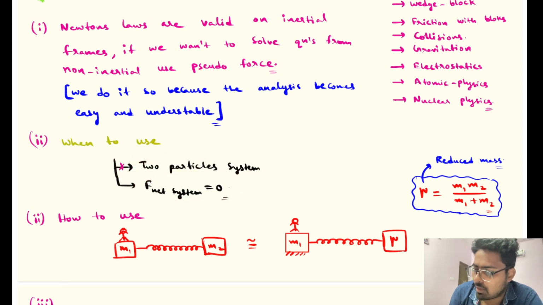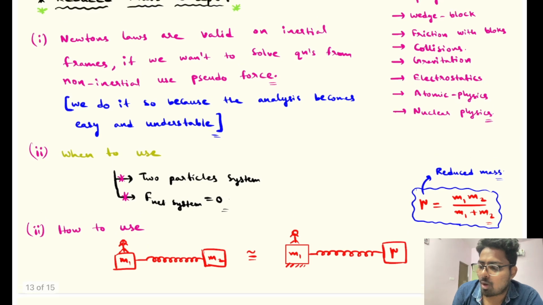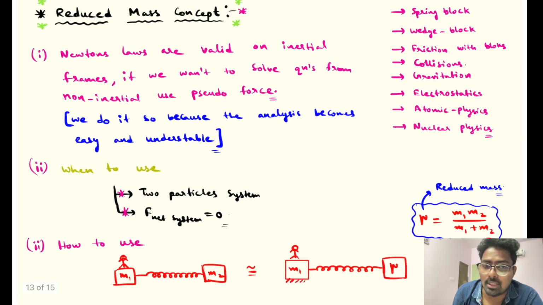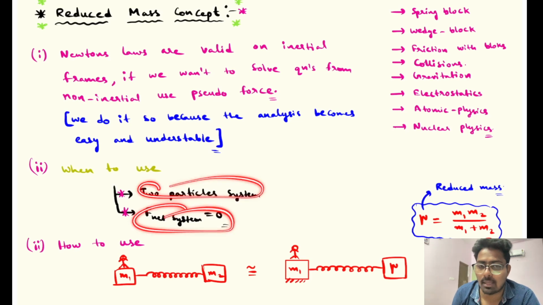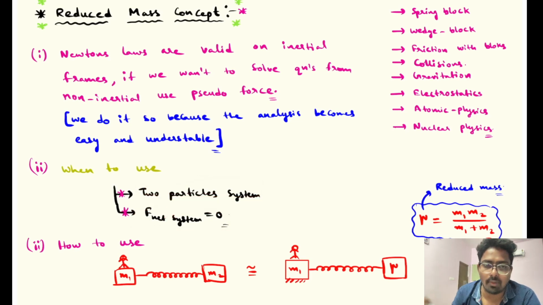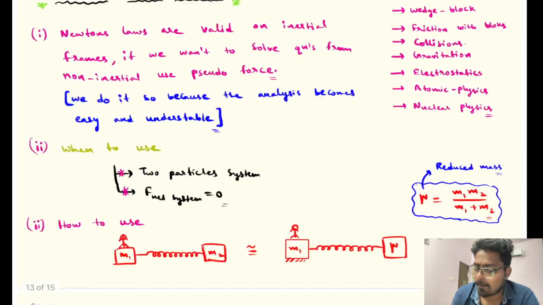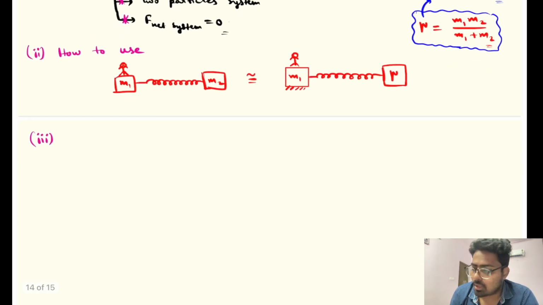These are very, very important. Just knowing the concept is not important, right? You also need to know when to use, where to use and how to use. So you can use this concept only when these two things are valid.